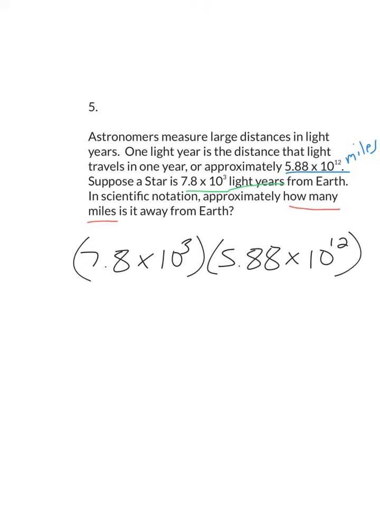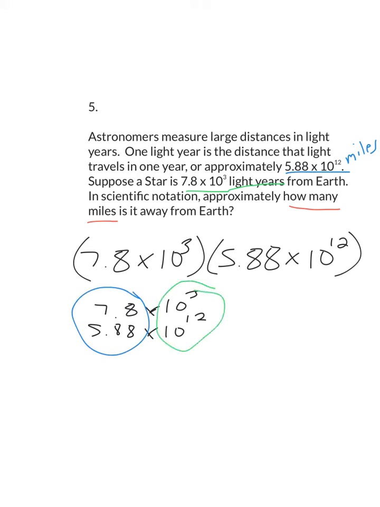That's our problem we're going to do. If you don't like how it's written, you can change this up a bit and put them on top of each other. So I can do it like this. Now I know that these 2 are multiplied and those 2 are multiplied.